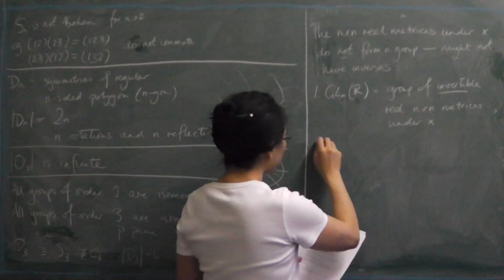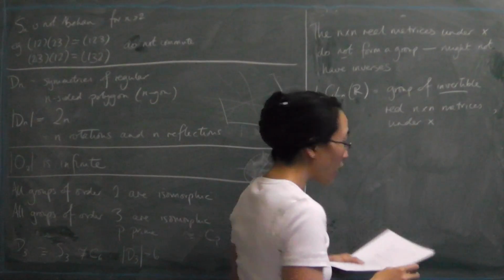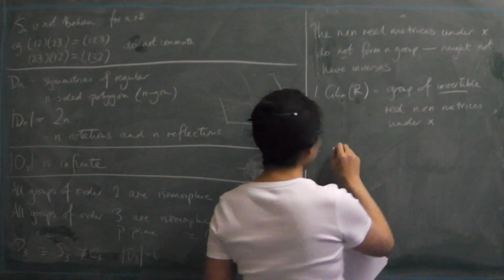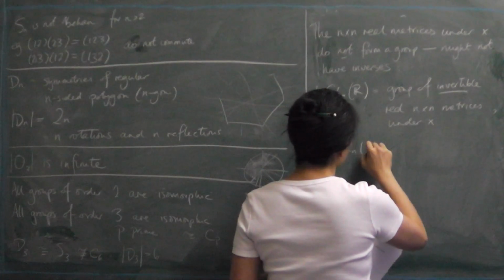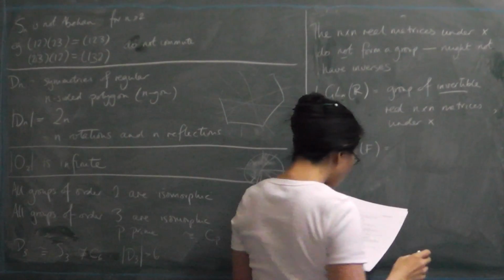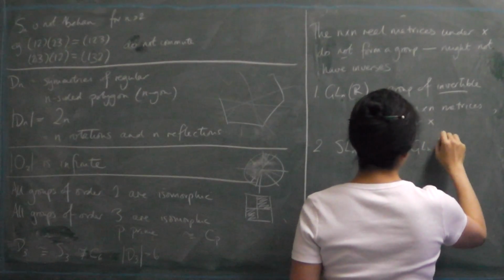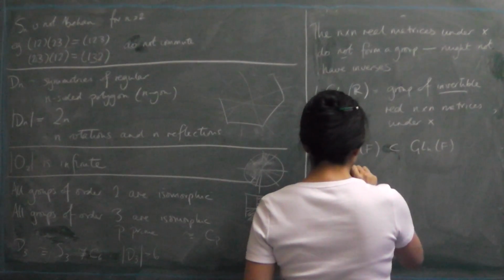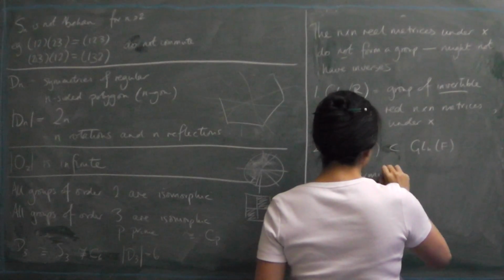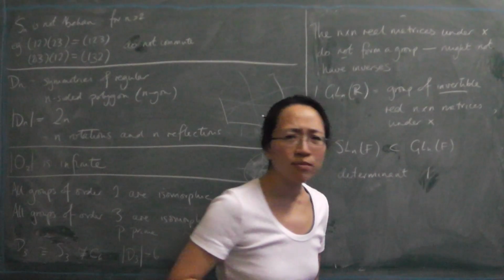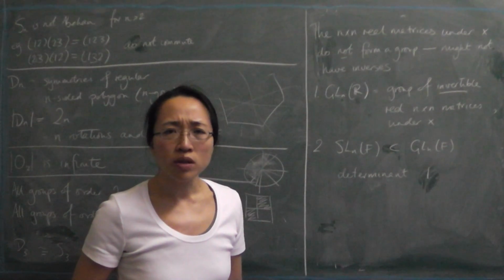And then the second example, you can restrict even further to those that only have determinant 1, and this is the special linear group, which is a subgroup of GL_n(F) of determinant 1 matrices. Could we restrict to matrices of determinant 2?